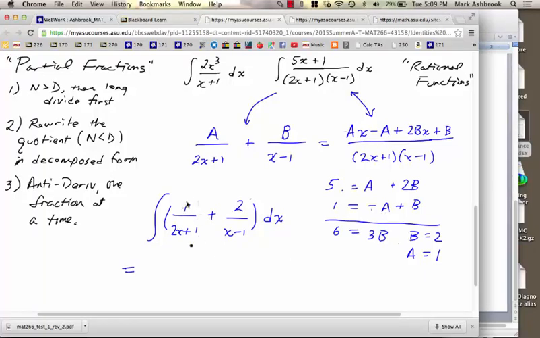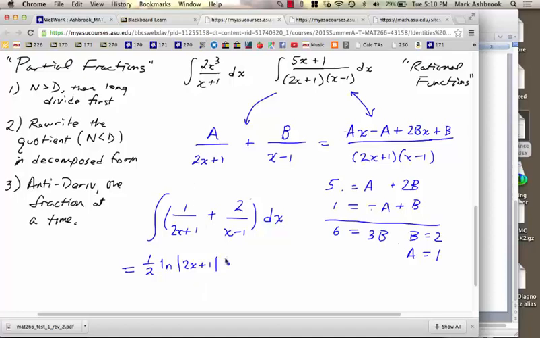Okay, so antiderivative of 1 over 2x plus 1, absolute value. Yeah, this is like undoing chain rule, right? Because you got the 2x plus 1 in there. If we took the derivative of it, we'd have a times 2, which we don't have there. We don't have a times 2, so we need the 1/2.